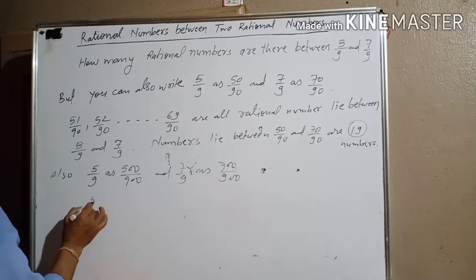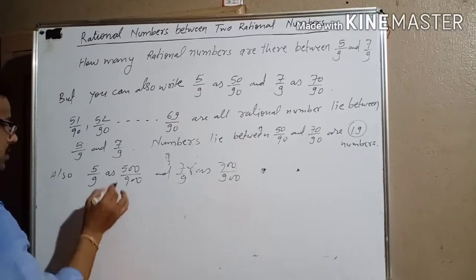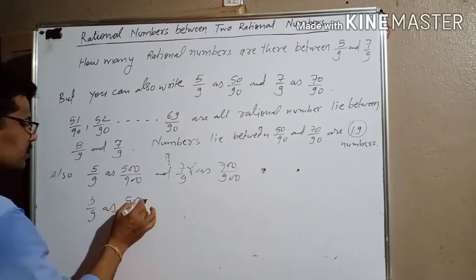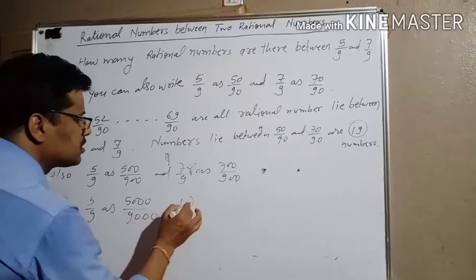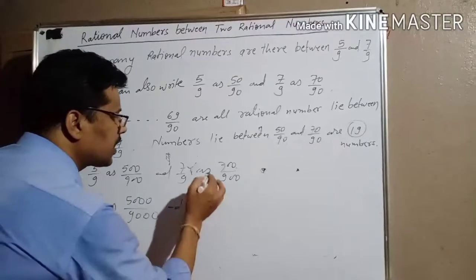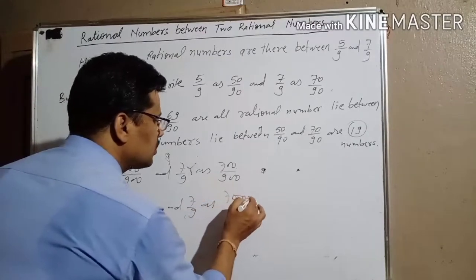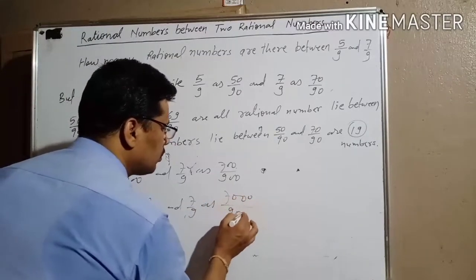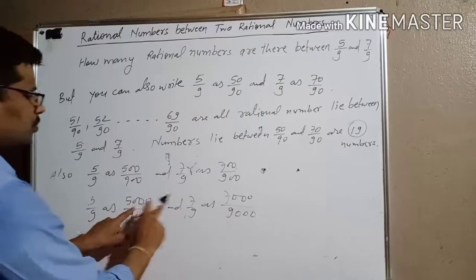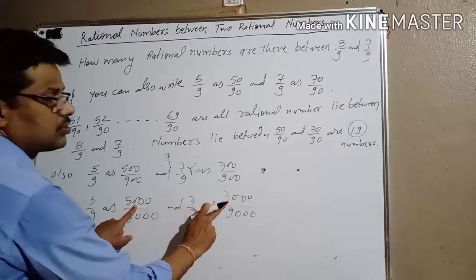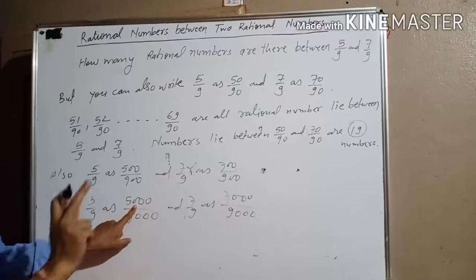Again, you can write 5 upon 9 as 5000 upon 9000. And this 7 upon 9 can be written as 7000 upon 9000. Now you can say that total how many numbers lying there? When you subtract 5000 from 7000, you get 2000. Minus 1.